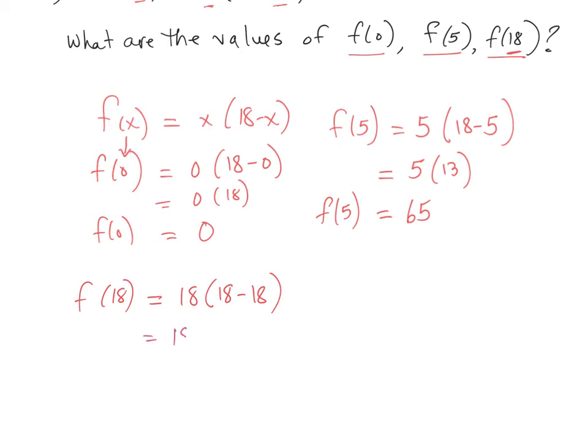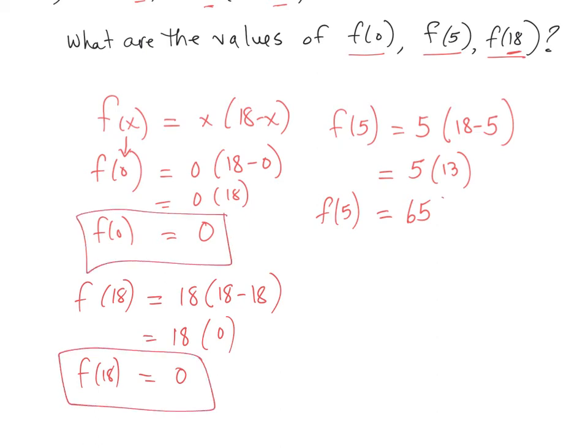So 18 minus 18 is 0. And again, anything times 0 is 0. So both f of 18 and f of 0 give me the same answer of 0. So that's how you would solve those particular problems.